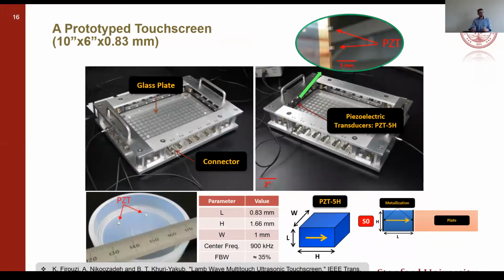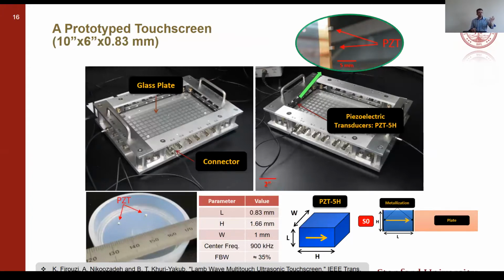This is a sample prototype that we built in the lab, where we have a glass screen. Underneath the screen, there are some grooves for guidance to the algorithm, which I'm going to present in a minute. It's not required; this is just a lab prototype. Simply speaking, it is a screen integrated with small cuboidal piezoelectric transducers that you see on the screen.